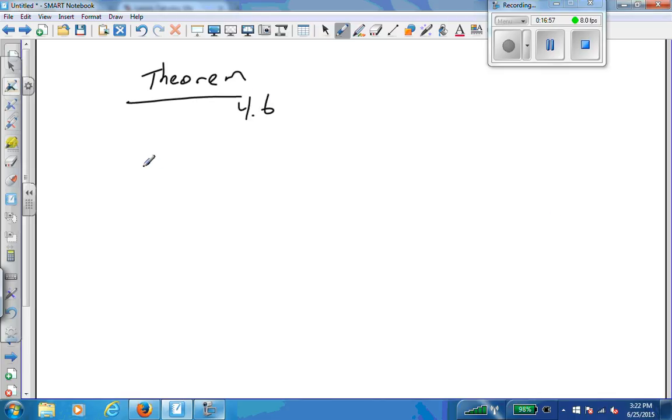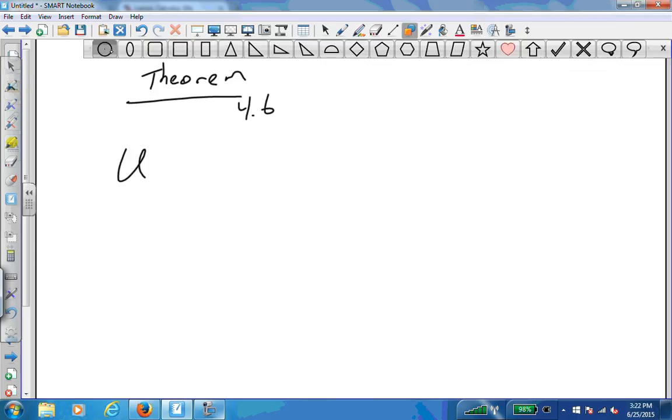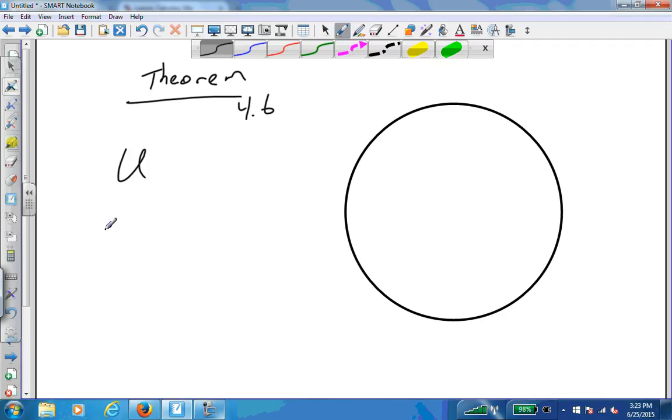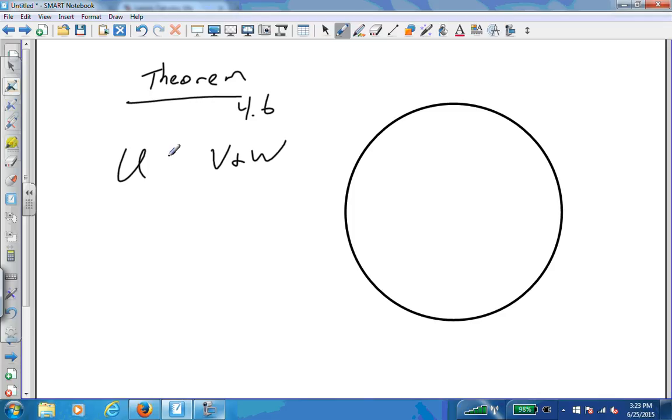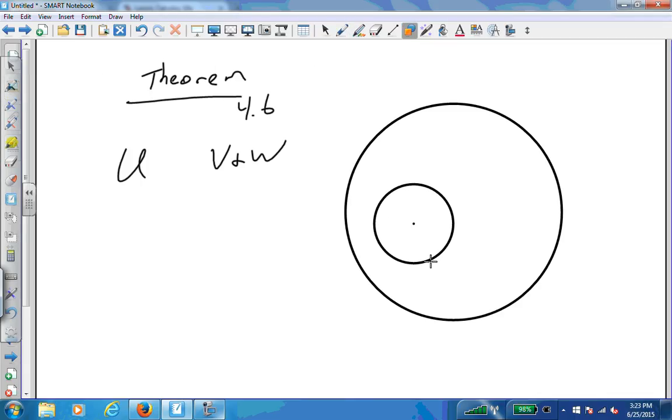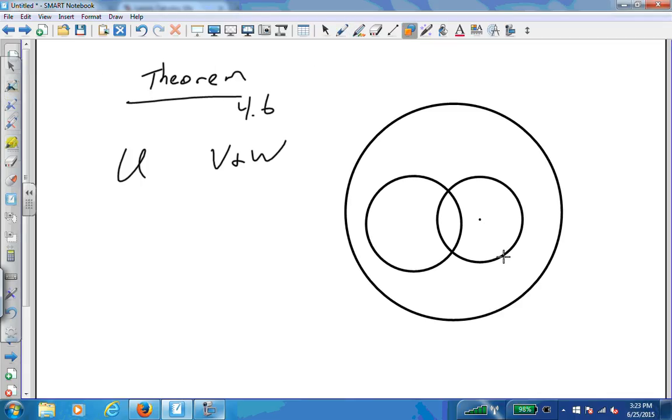If we have some vector space U, so U is our vector space, and let's say that V and W are subspaces of U.